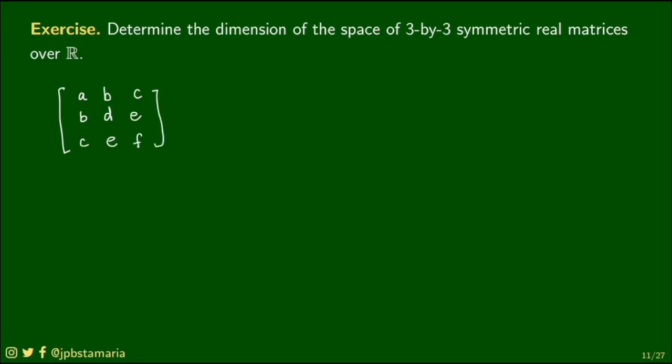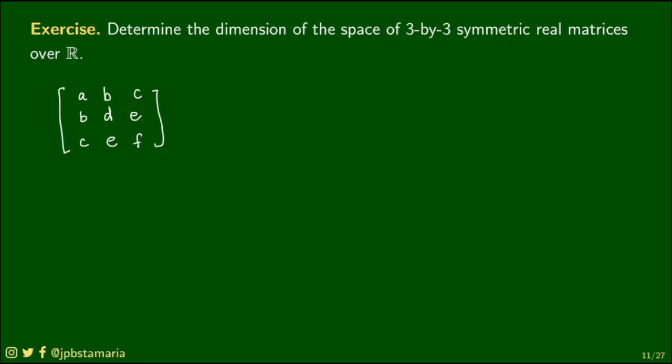In other words, if one has specified b on the 1,2 position, then automatically b must be there on the 2,1 position because the matrix is symmetric. If you're forming a symmetric matrix and you put a c on the 1,3 position, then on the 3,1 position there has to be a c as well, and so on.